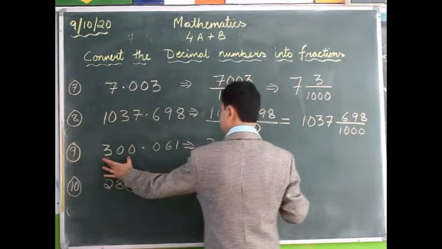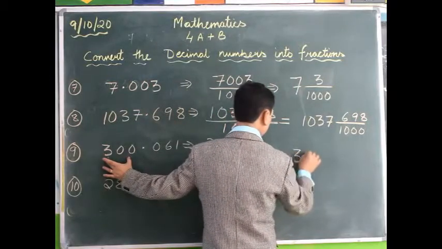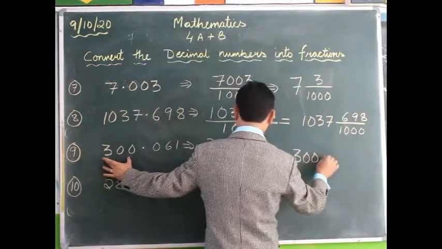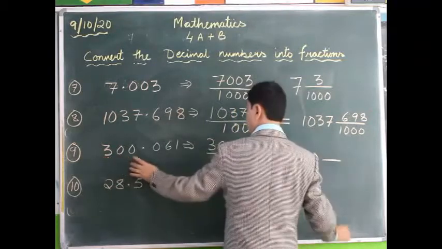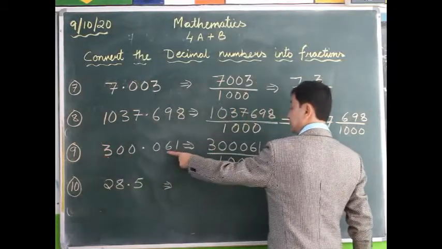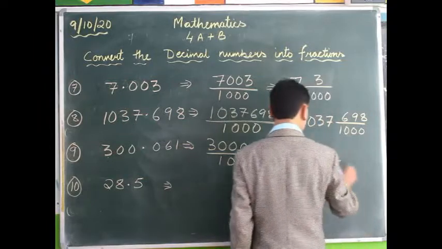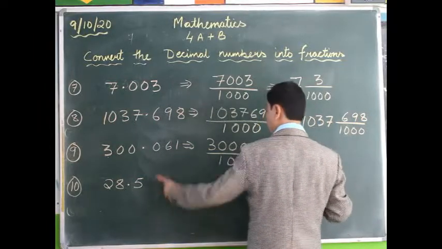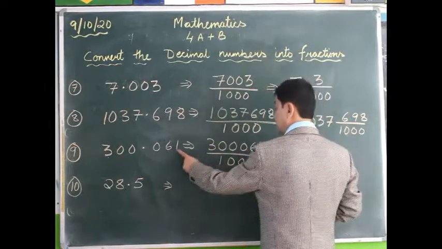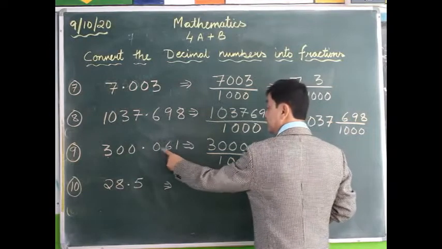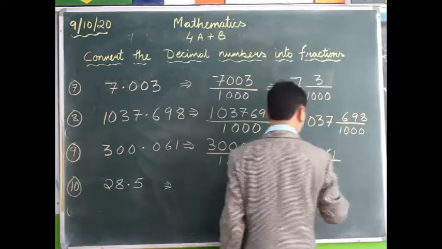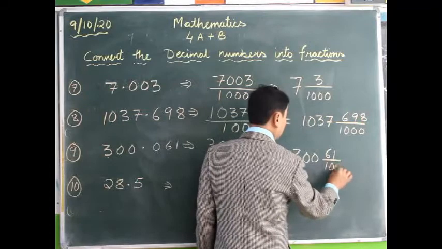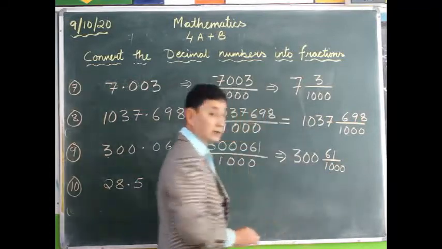Let's look at here: 300. How much is this? 61. Let's write 61. Let's not put this 0. 61. Where does this 1 end? In which place value? Tens, hundreds, thousands. So 61 thousandths. Got it?